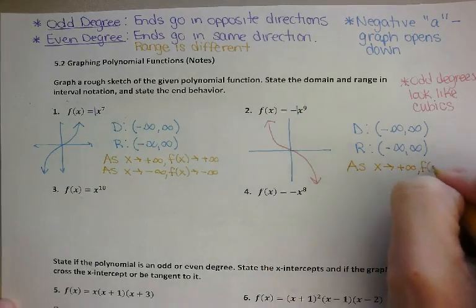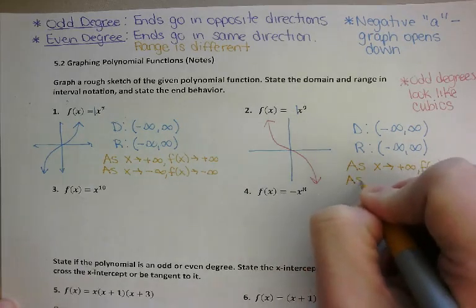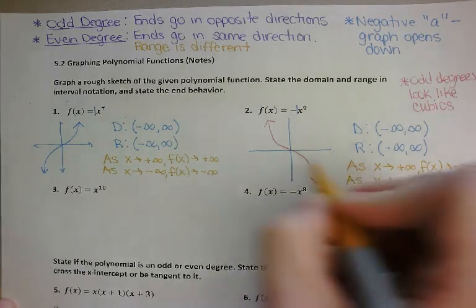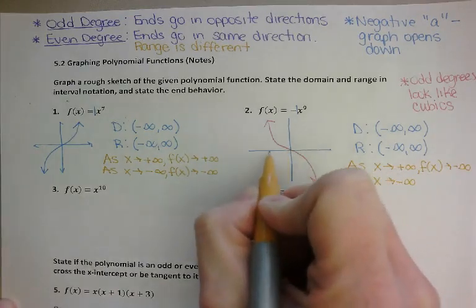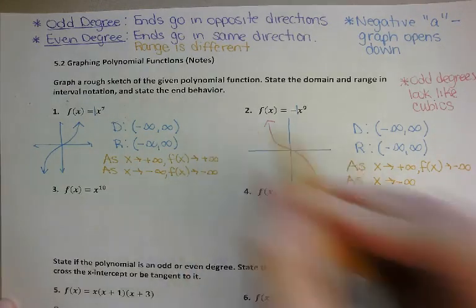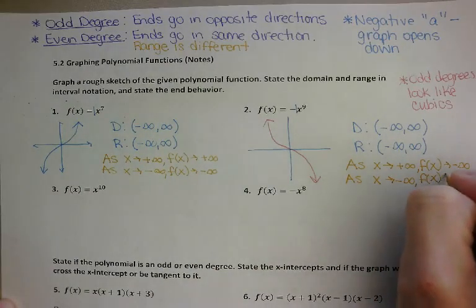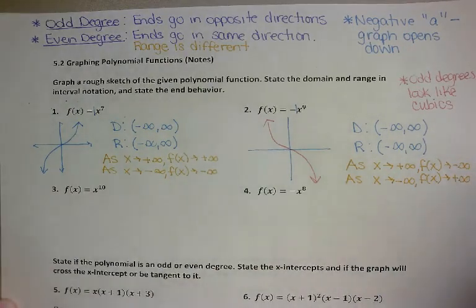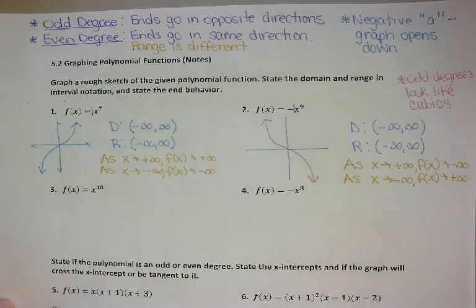So the y values are going down. As my x's are approaching -infinity, so as I'm going this way, the y is going up. The arrow is going up. Okay, so the end behavior should be going in opposite directions, like we have stated up here.